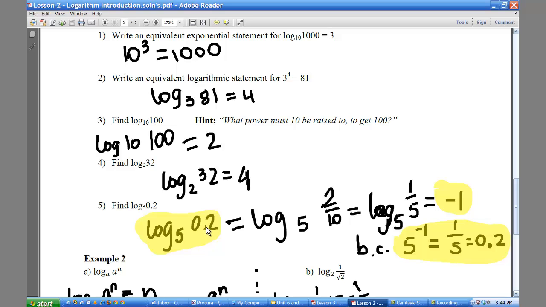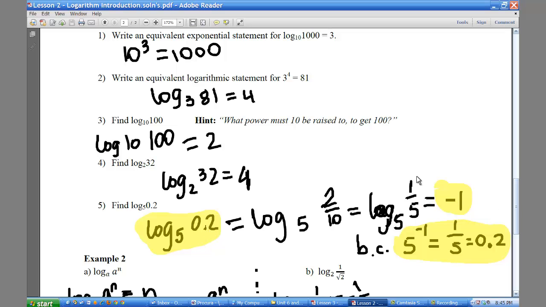Look here, 0.2 is the same as 2/10, right? So 2 over 10 can be simplified to 1 over 5. So log 5 of 1 over 5 is the same thing as log 5 of 0.2.